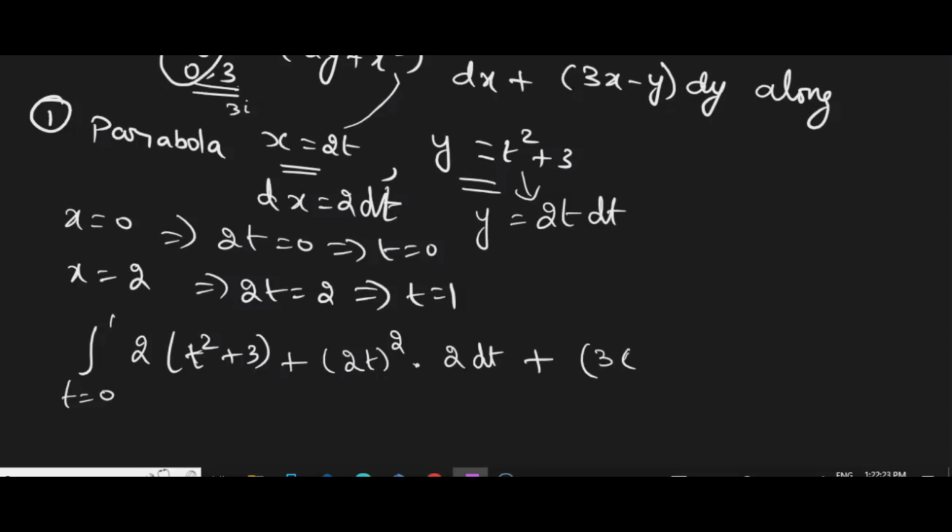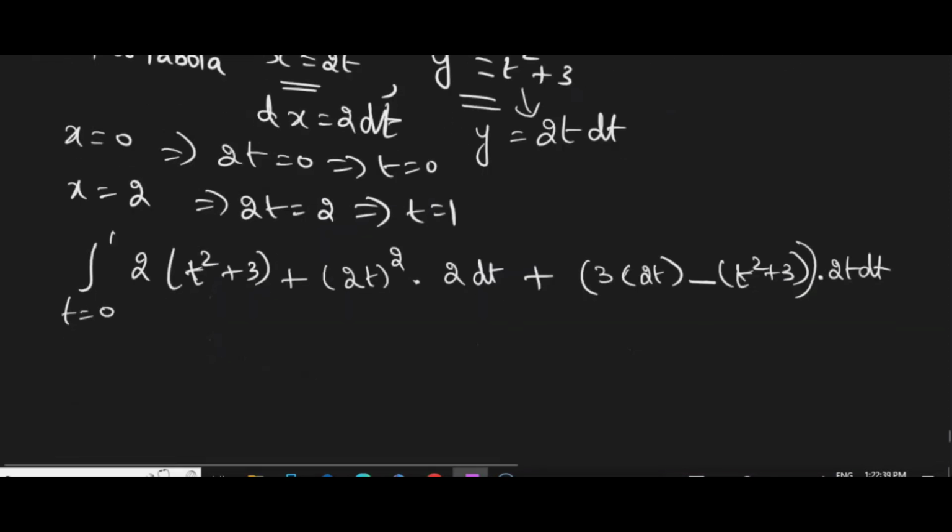So 3 into 2t, minus y. T square plus 3. Be careful, this minus, if it comes inside, both the terms will become negative. And then dy. dy is 2t dt.